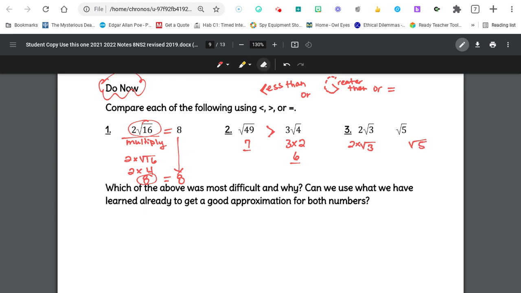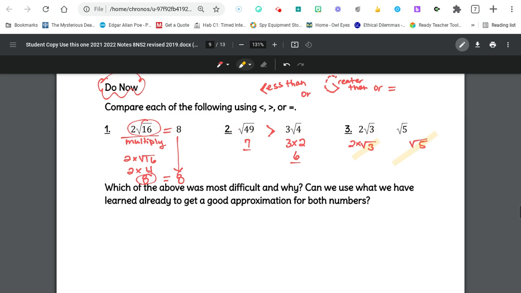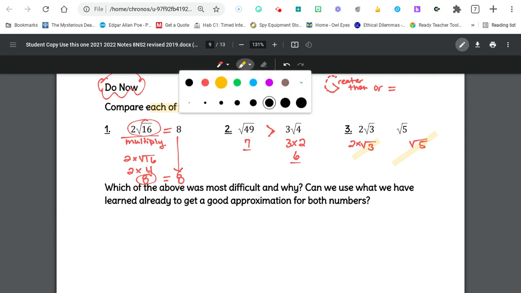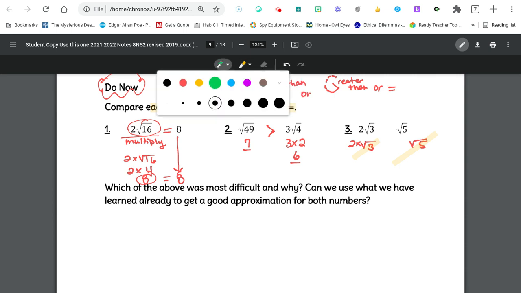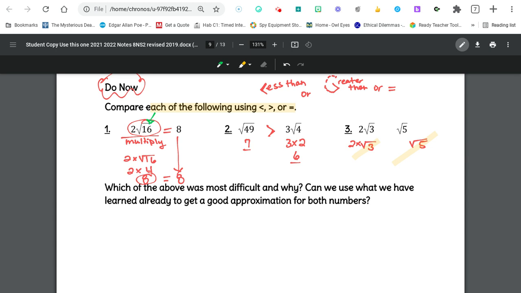Well, this one is a tad bit different because here that's irrational, here that's irrational. Whereas the square root of 16 is rational because it equals 4. The square root of 49 is rational.